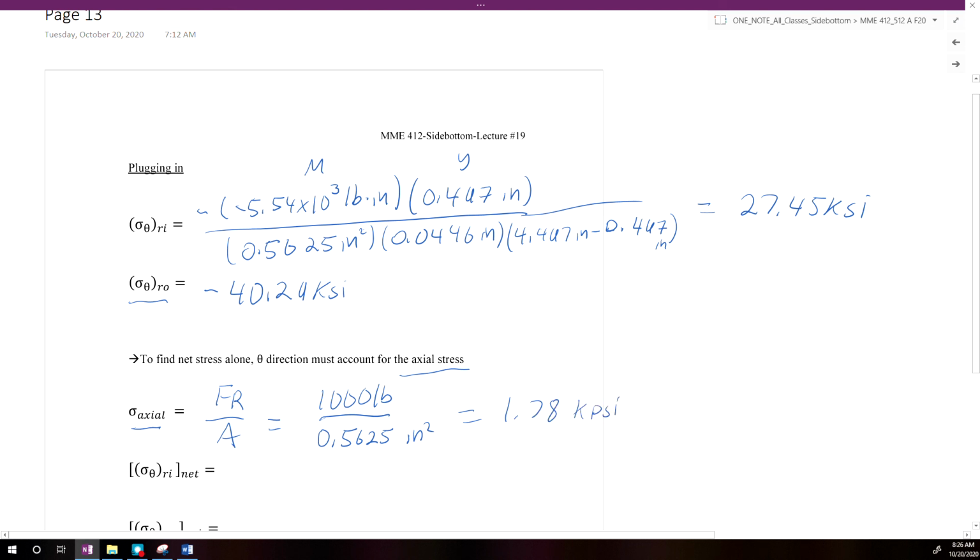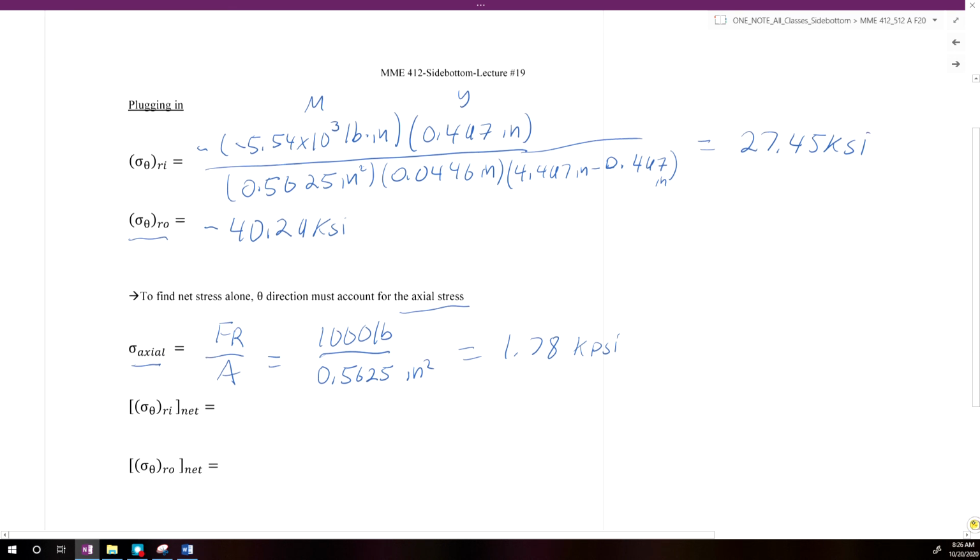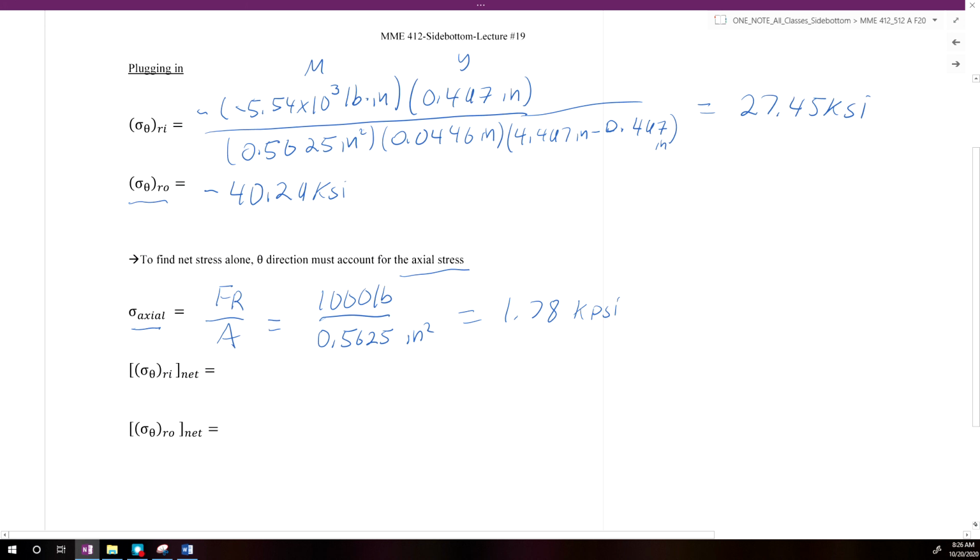Okay, so we can now calculate the net stress at the inner and the outer radius. We just have to add the bending stress at the inside plus the axial stress. And if we do that for the outside too, we just need to add the stress at the outside plus the axial stress.